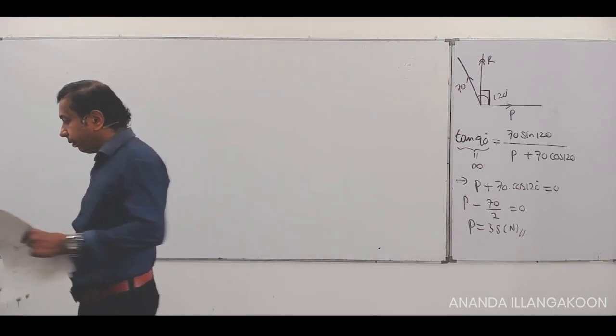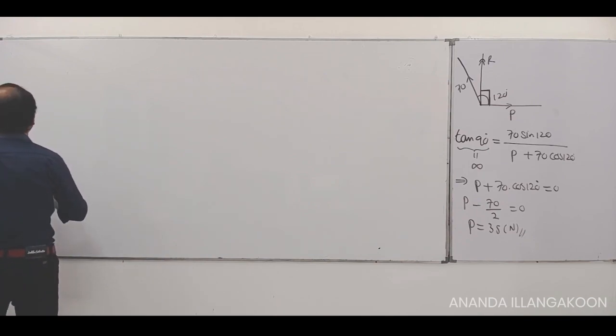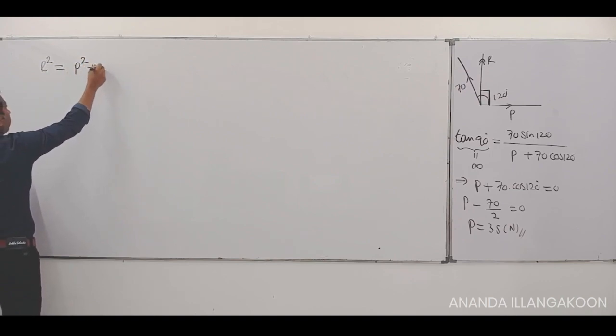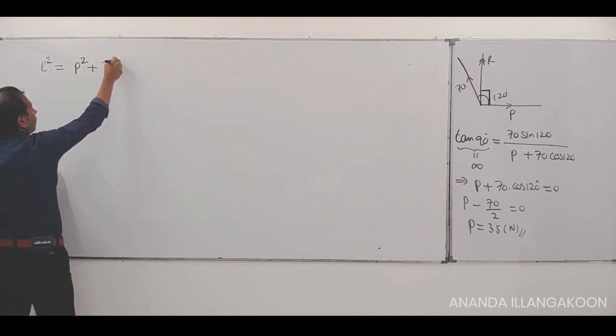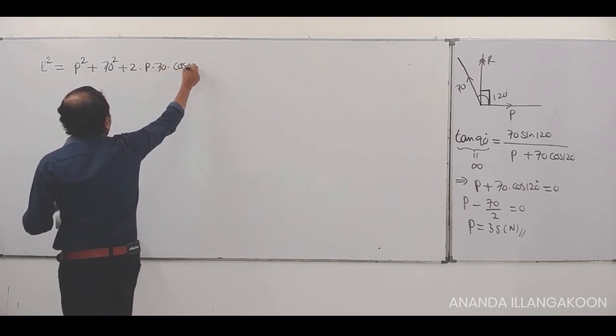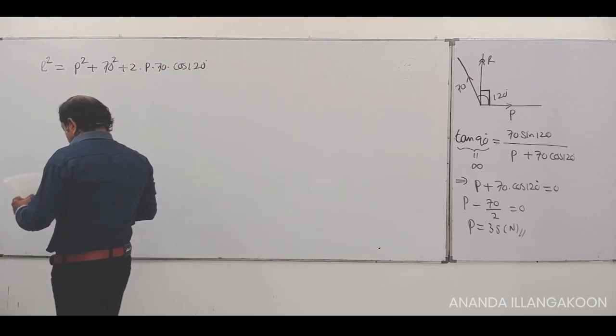Resultant force we can write: R squared is equal to P squared plus 70 squared plus 2P into 70 into cos 120.